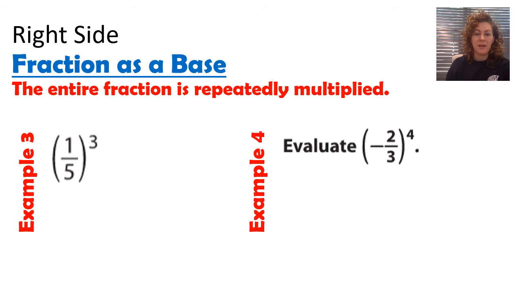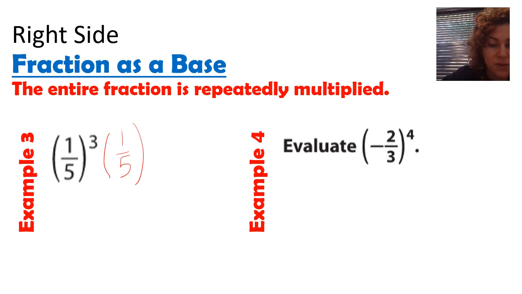All right, if you have a fraction as a base, you should take notes on this if you want to get your maximum results out of doing this lesson. Okay, so 1/5 to the 3rd power is a fraction, so it's basically just saying 1/5 times 1/5 times 1/5.